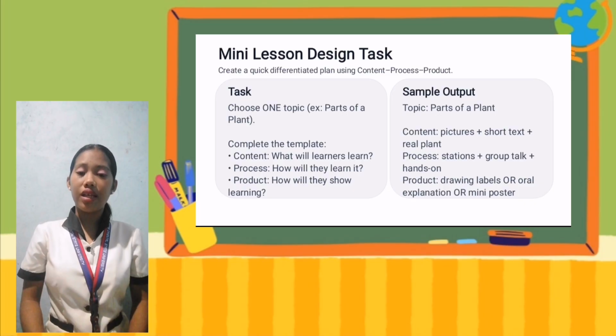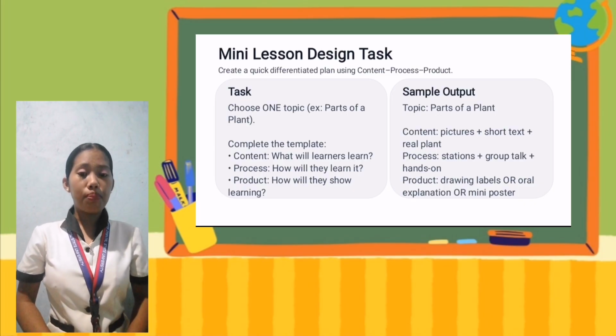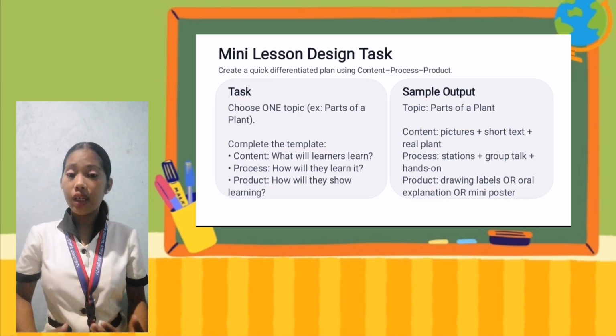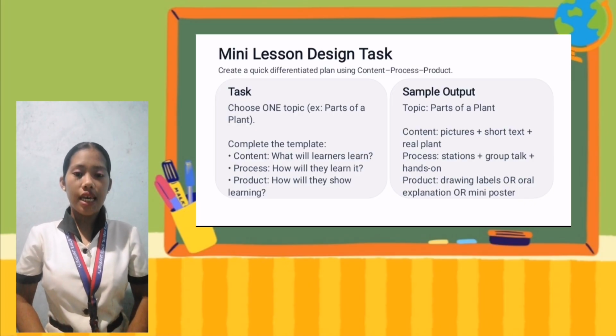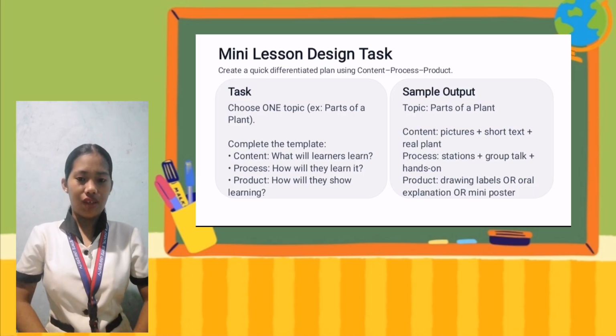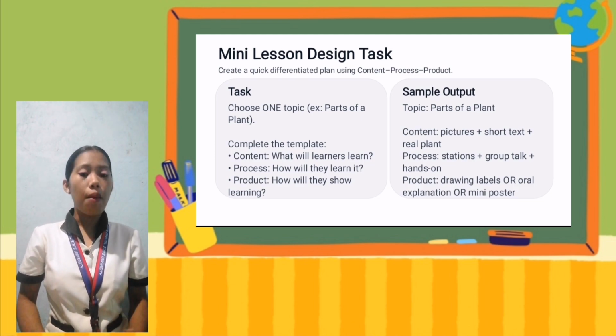For content, assign pictures, short text, and a real plan for output. In process, you need group talk, stations, and hands-on activities. And the last one is product, where you need labeled drawings, oral explanation, or a mini poster.